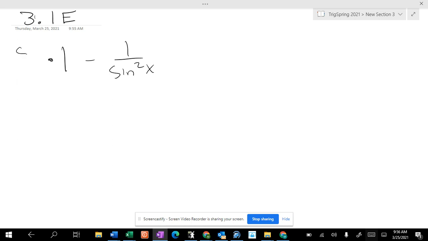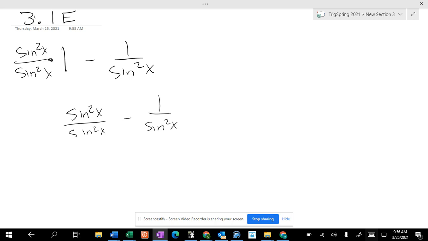Take the first one times sine squared of x over sine squared of x. So you get sine squared of x over sine squared of x minus 1 over sine squared of x. And so now they can be written as one fraction: sine squared of x minus 1 over sine squared of x.